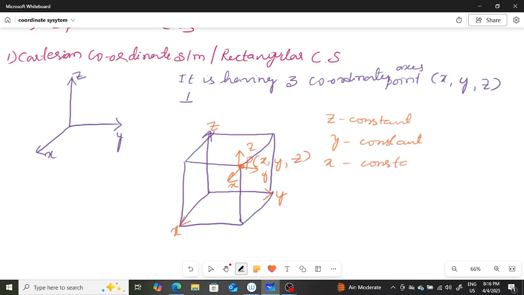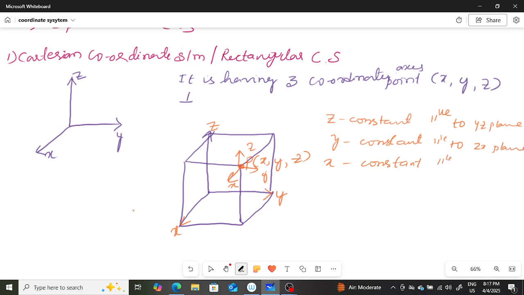Just remember the technical point: an X constant plane means that plane is parallel to the YZ plane, and a Y constant plane means parallel to the ZX plane.